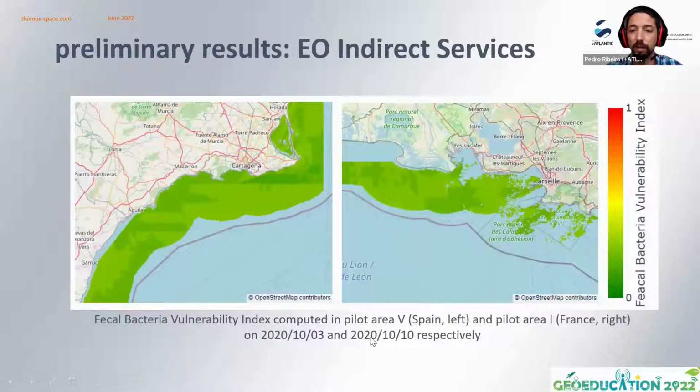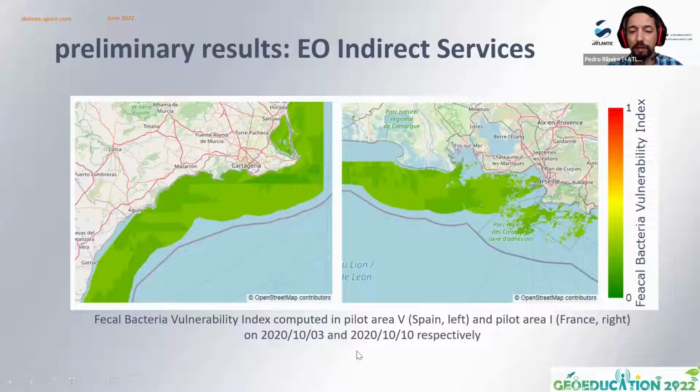In this case, we also use hydrodynamic information, so information from currents, and whenever we have weaker currents, then we understand that there is a higher risk of fecal bacteria contamination. So the index here is connected to those current information also.